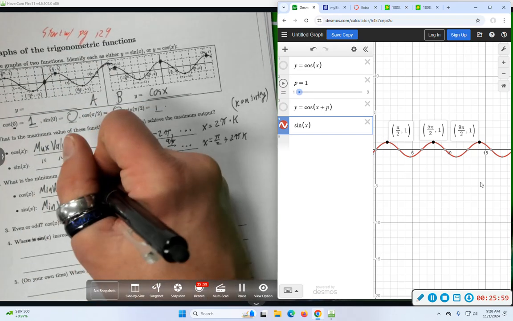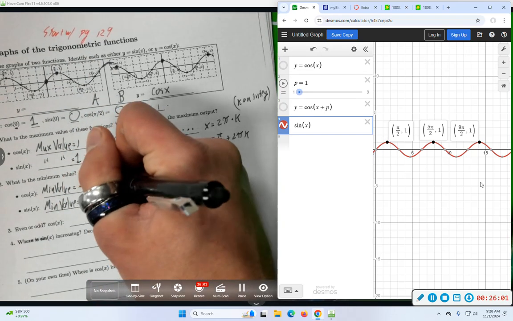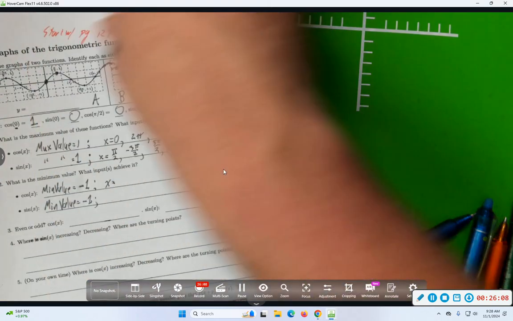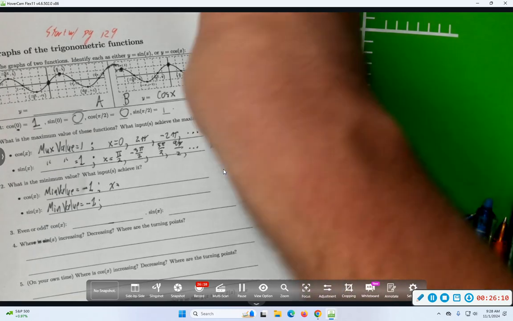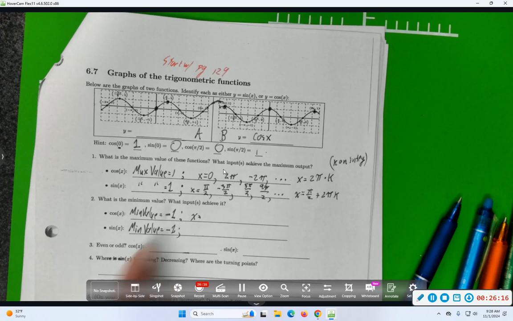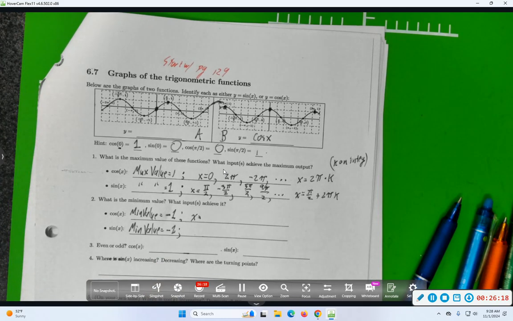Cool. Let's figure out something about the x values that result in that. All right, so cosine first, because it's the one that's listed first in this list. Give me an input that results in cosine equal to -1.